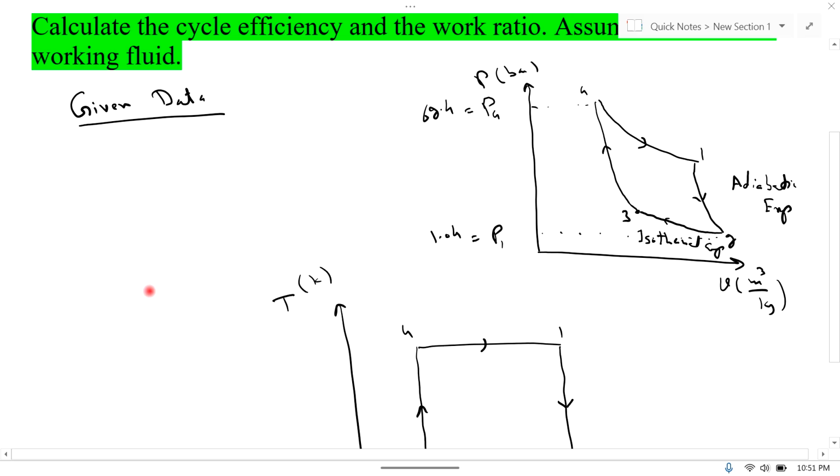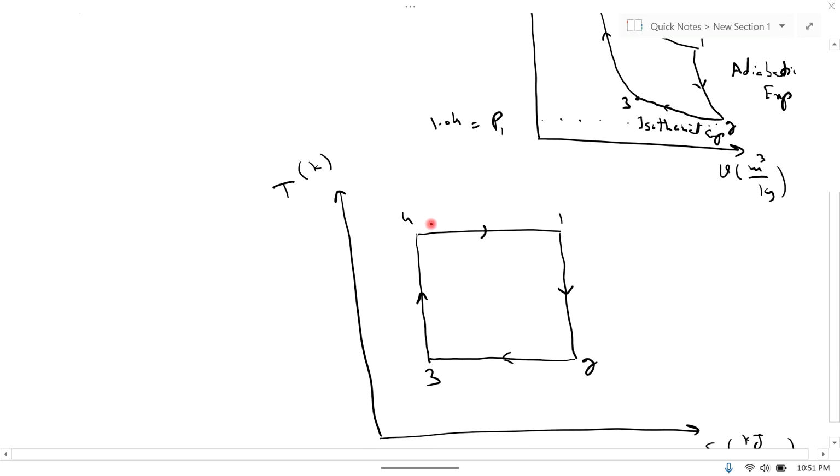Here P4 is the maximum pressure, and P2 is the minimum pressure. This is P2, this is P1, and here the pressure is P3.